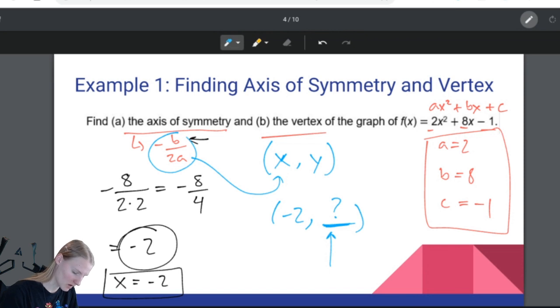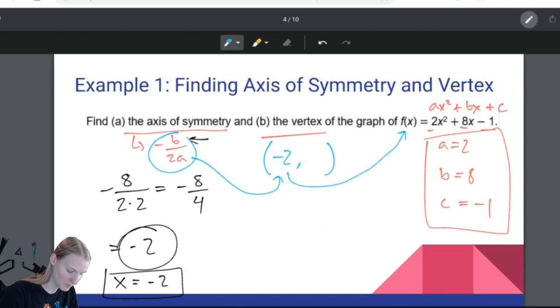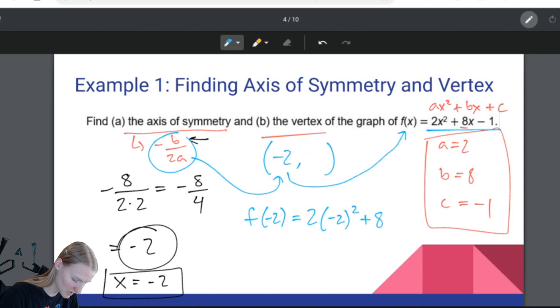So, we'll leave that blank and we'll put that -2 up there and we'll get rid of this. So, all I have to do is now take this -2 and put it in there. That's it. So, f of -2 equals all of this, 2, wherever I see an x, I'm going to put -2, plus 8, x is now -2, minus 1.